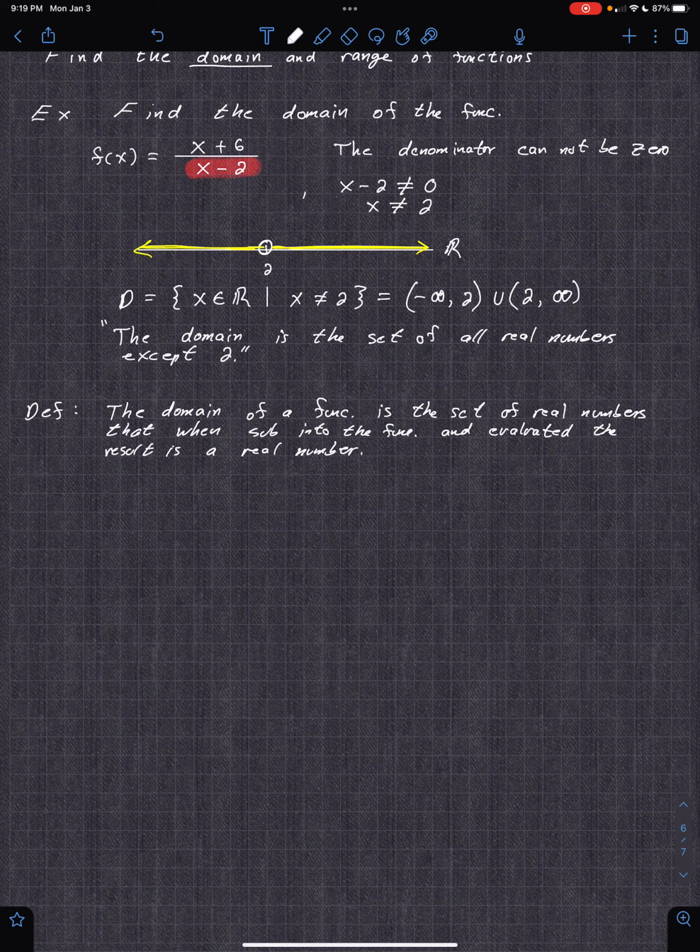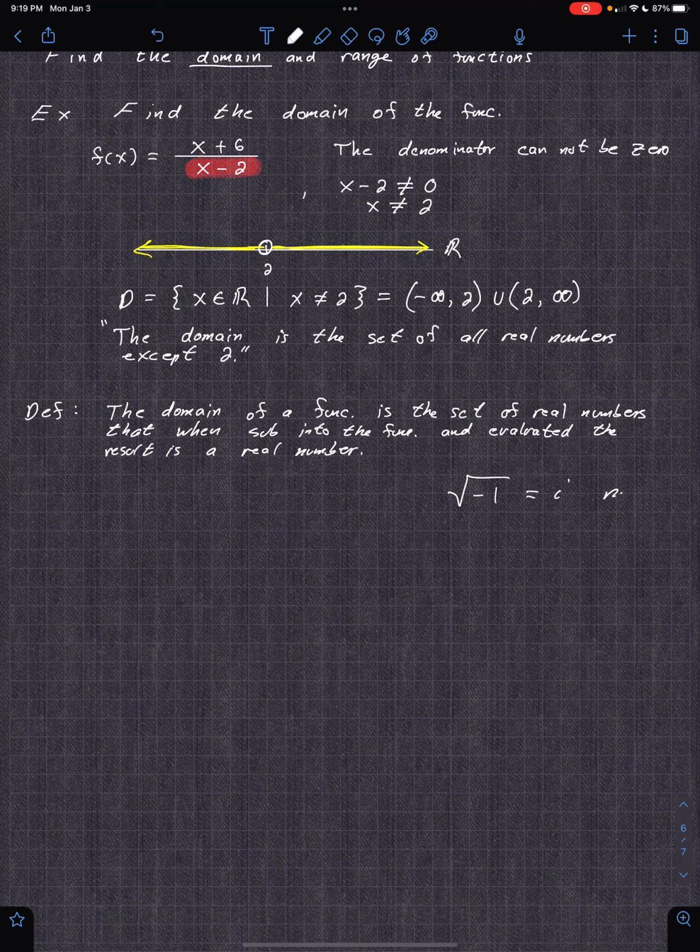So what we haven't talked about, and it's actually a prereq concept, are imaginary numbers. We will get to it a little bit, but imaginary numbers would not be part of a domain. So if you evaluate and you get a negative in the square root, that's i.